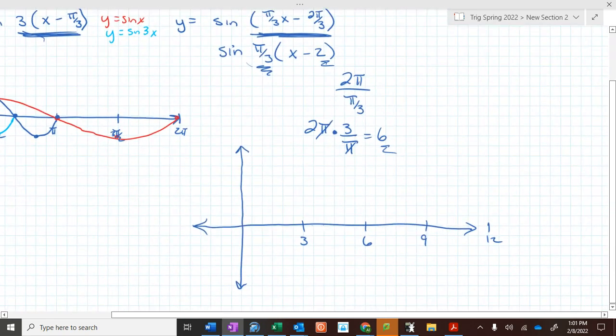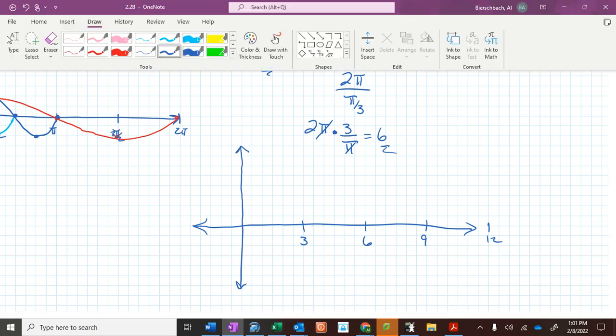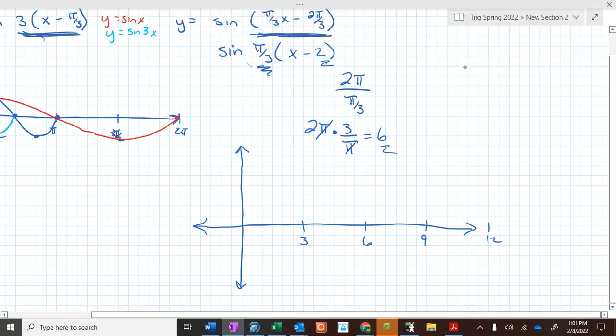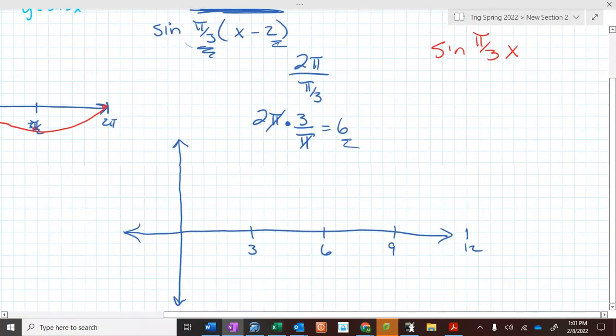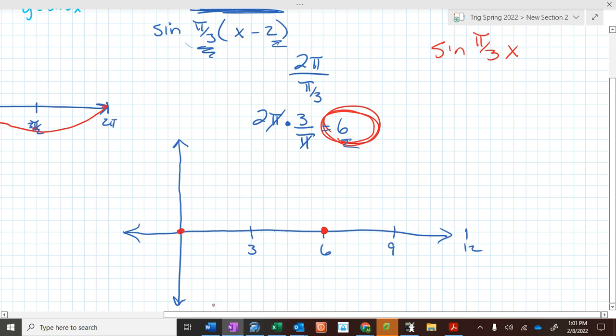All right. So when you have one of these, instead of graphing sine of x first, we're going to graph sine of pi over 3 x. Well, how long should pi over 3 x last? It should end at 6. So sine ends up here and it starts here.